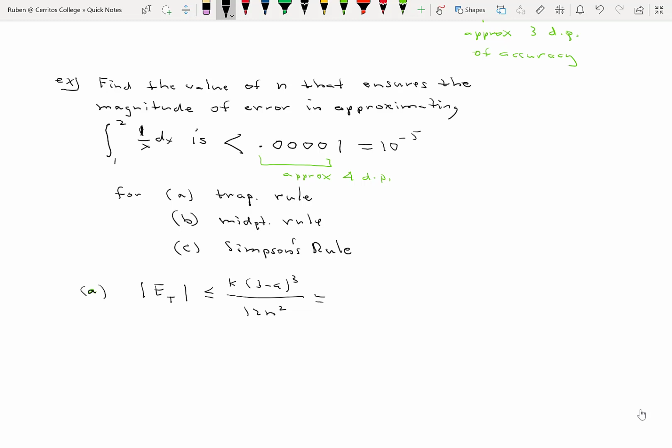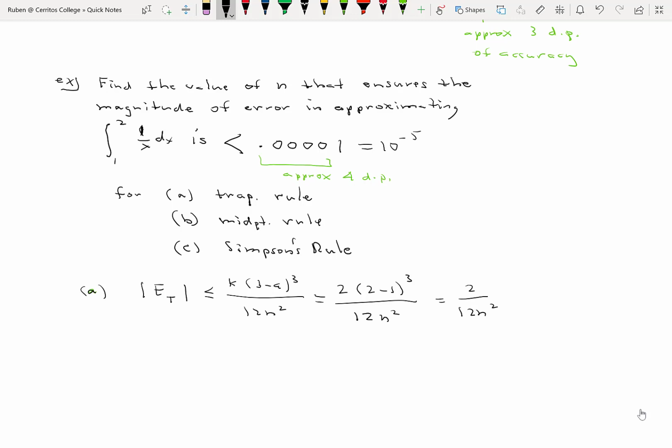Now remember, the value of k we found was 2. This is from before. (b minus a) cubed over 12. And when we were computing the magnitude of error for trapezoid rule before, we knew n was 5. Now we don't know what n is. n is variable. So this value is 2 over 12n squared.